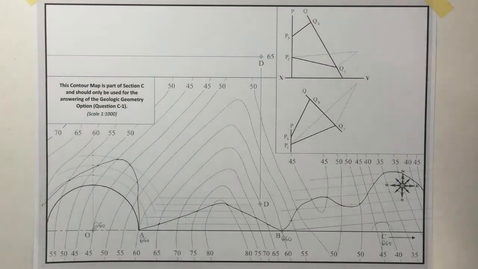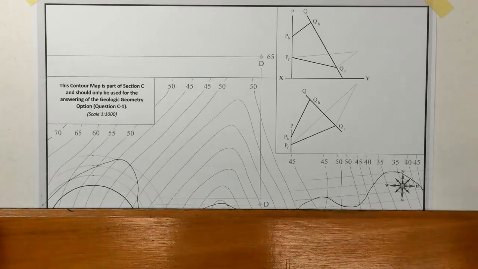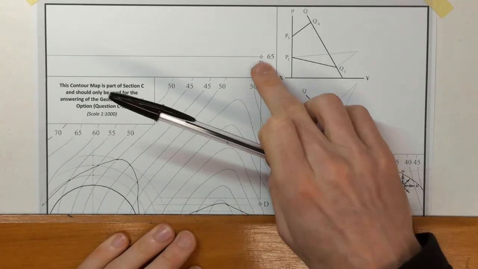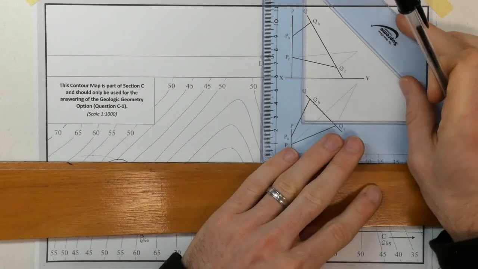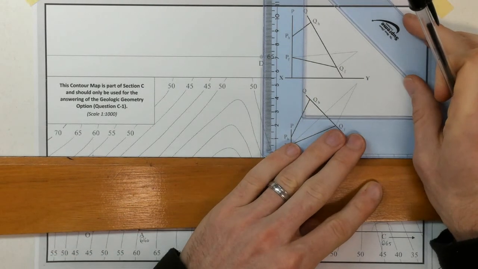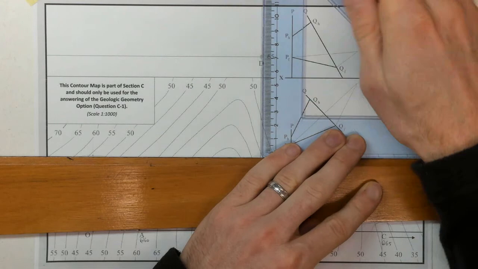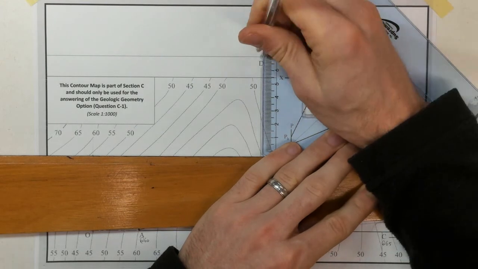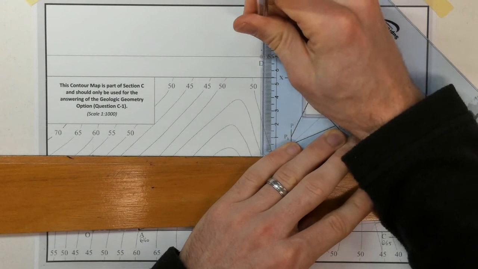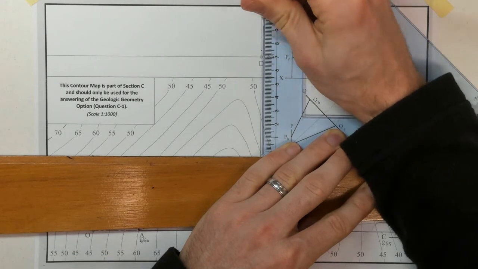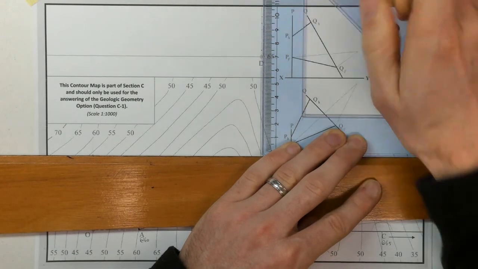Okay, so let's go up to our down here. So D is positioned. And let's put in our intervals then, our height intervals. So that's 65, 70, 75, 80, 85, 90, 95.